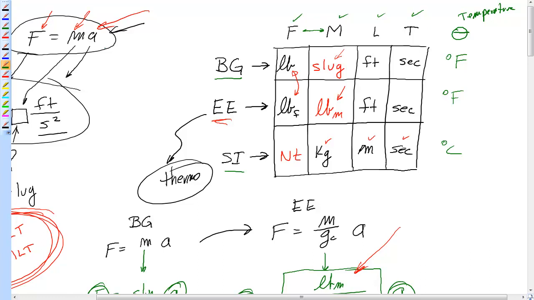It doesn't exist in F is equal to MA. But for heat transfer, it makes a big deal because most everything is heat transfer. There's temperature measurements and things like that. It's very appropriate that it ends up in the units because, as we will find out in the Buckingham Pi theorem, heat transfer basically operates the same way fluids do. So we should include this. However, in the early part of this section, we're not going to. But for completeness, I put it in there.